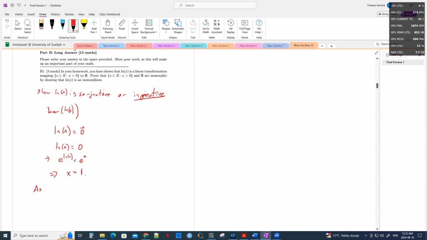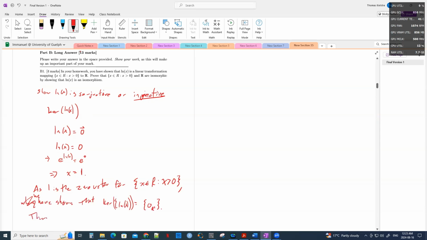Now, as 1 is the zero vector for set x in R where x is greater than 0, we have shown that the kernel of ln x equals the set containing the zero vector in R positive.